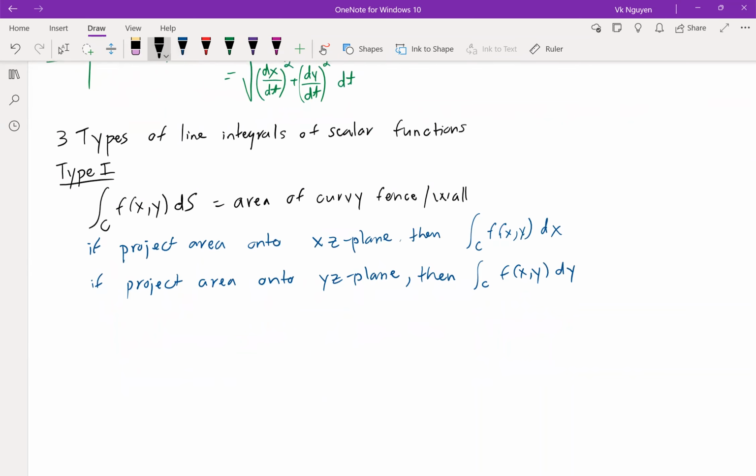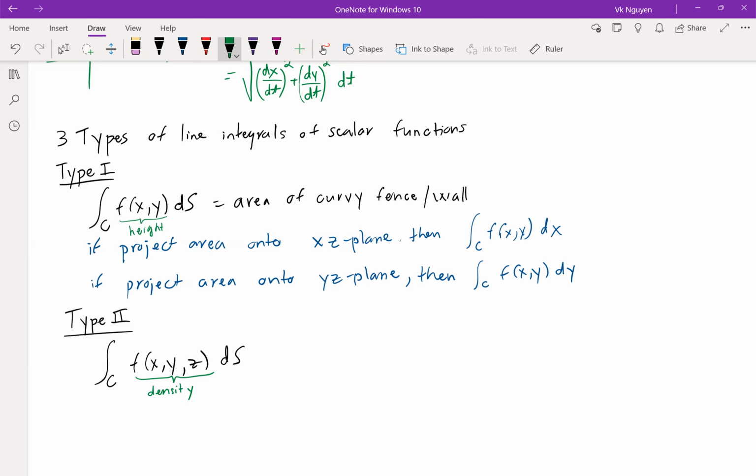Okay, so here comes type 2. In type 2, we have f(x,y,z) ds. Well, f(x,y), everybody knows, is just the height. But f(x,y,z) is not a height, it's density.